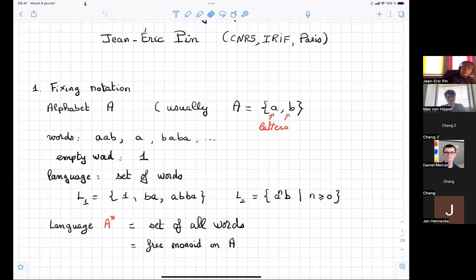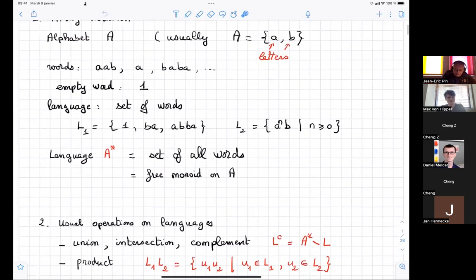And there is a special word, as you know, the empty word, which I denote by 1, because it's the identity for the product, the concatenation product. So a language is a set of words, as you know. This is the first example. This is another one, an infinite one. And the set of all words is denoted by A star. This is also the free monoid A. Is that clear to everybody?